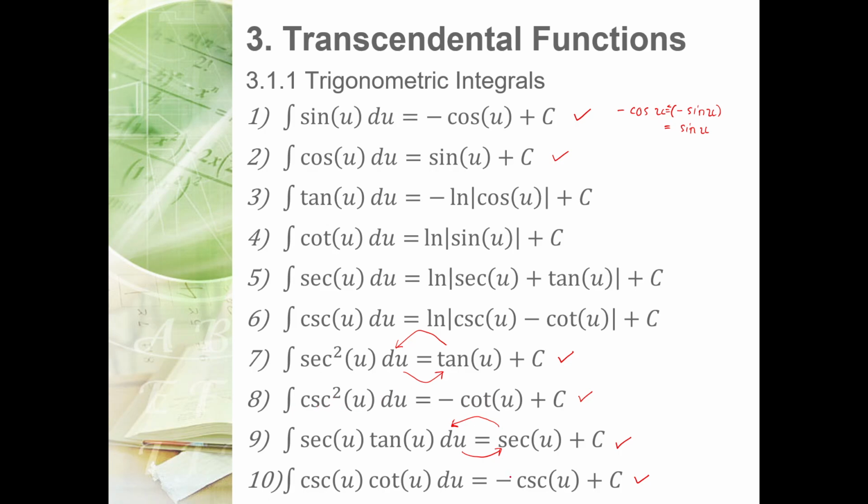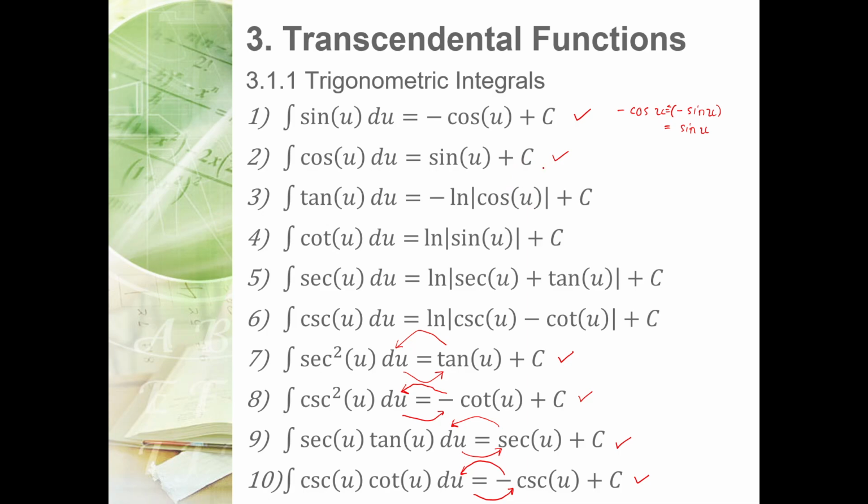If we derive cosecant, it's going to be negative cosecant u cotangent u. Since we are integrating positive cosecant squared and positive cosecant u cotangent u, that's why we have a negative value for its counterpart. It's just the reverse of the other. Okay, so they are familiar formulas coming from your Calculus 1.